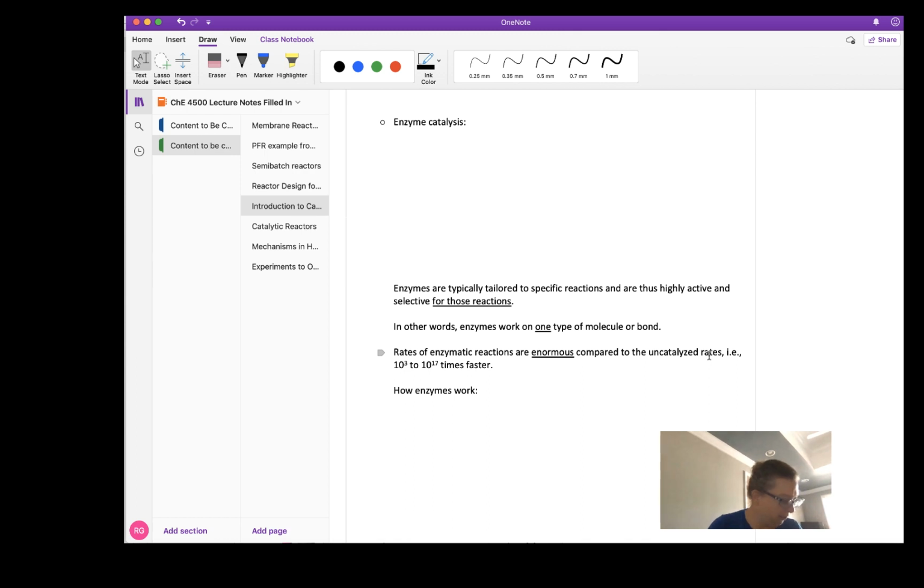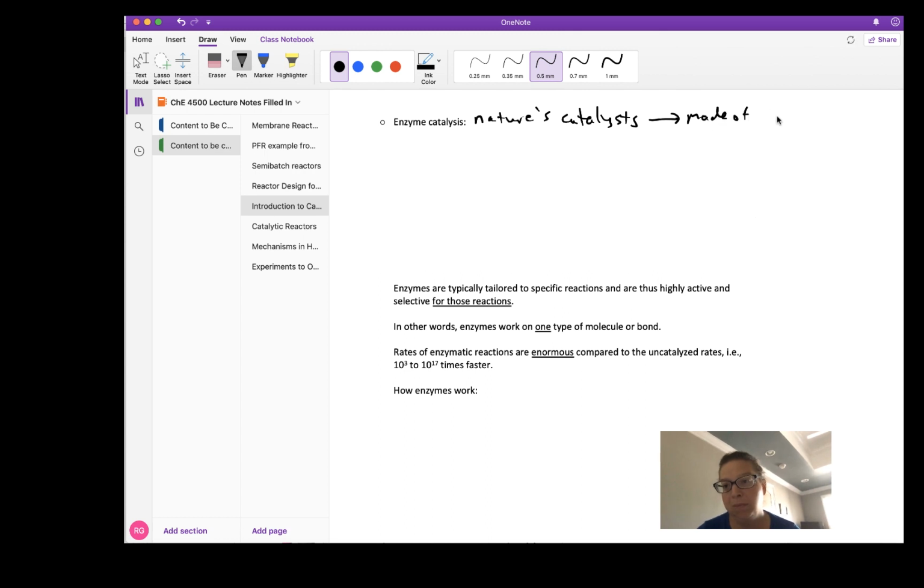Another class of catalysts, homogeneous catalysts, is enzyme catalysts. Enzyme catalysts are nature's catalysts. Every living being is comprised of enzymes. Enzymes are comprised of proteins, and sometimes they have metal cations.